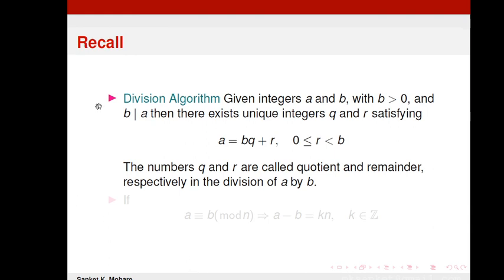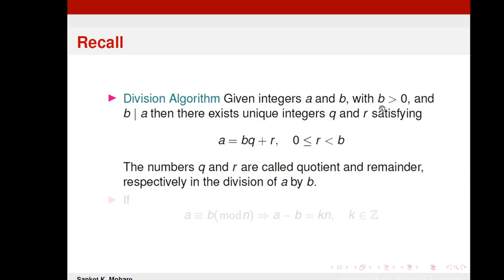Now we recall some facts to prove the theorems. Division algorithm. Given integers a and b with b greater than 0, there exist unique integers q and r satisfying a is equal to bq plus r, where 0 is less than or equal to r is less than b.